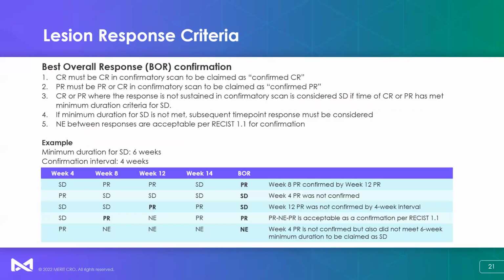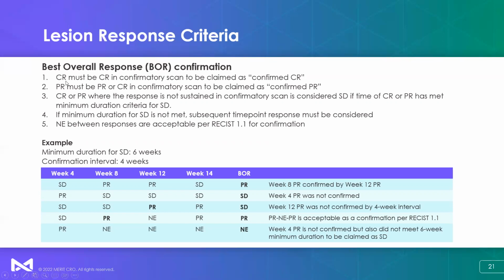So best overall response confirmation can occur in this way per RECIST 1.1. Simply, this is to make sure that any response, which would be CR and PR, has occurred and been sustained long enough, at least 4 to 6 weeks, to really claim that the drug benefit has been sustained long enough to say that the drug is working.